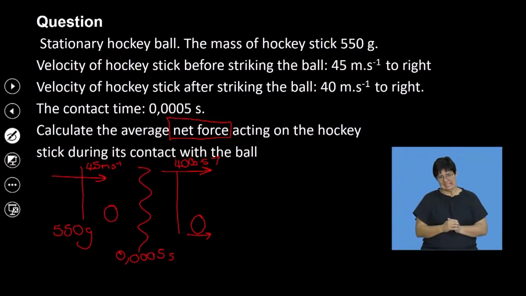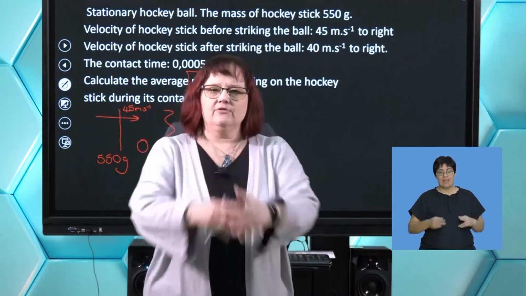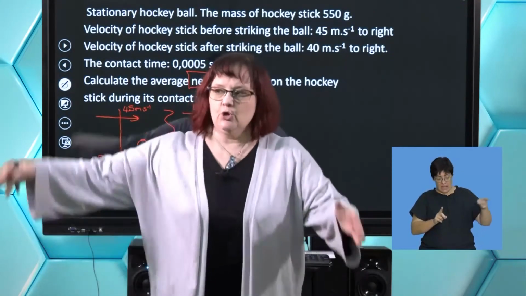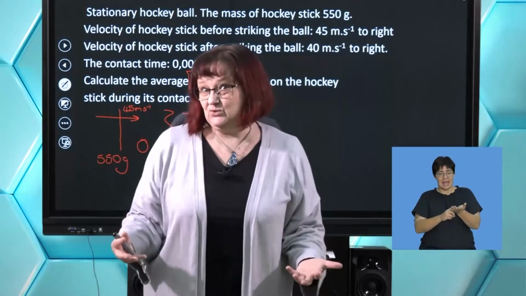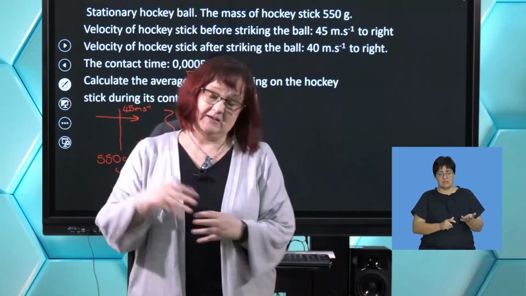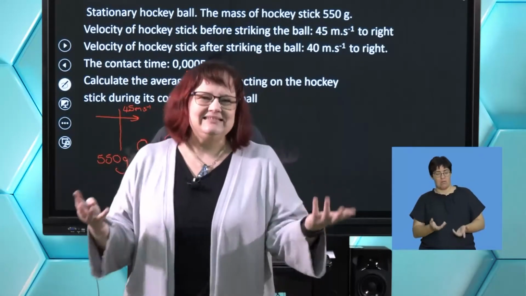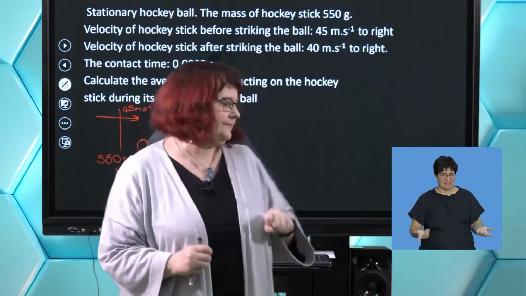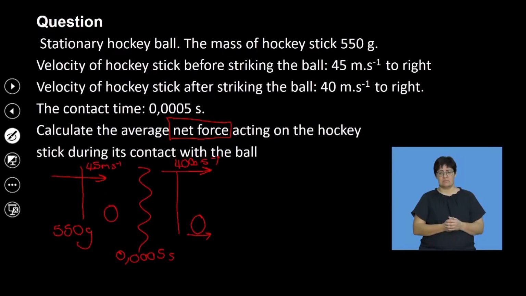I can't actually. The issue here is that the acceleration isn't constant. Okay? It all depends on the contact with the stick. And the acceleration is in two directions, essentially, especially when we look at the ball. So, not going to happen. But I know final velocity, I know initial velocity, I know mass, and I know time.